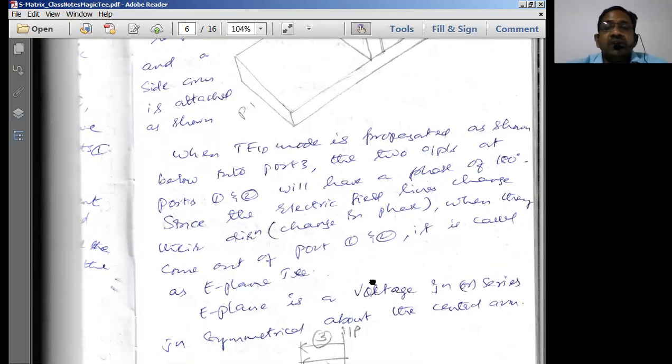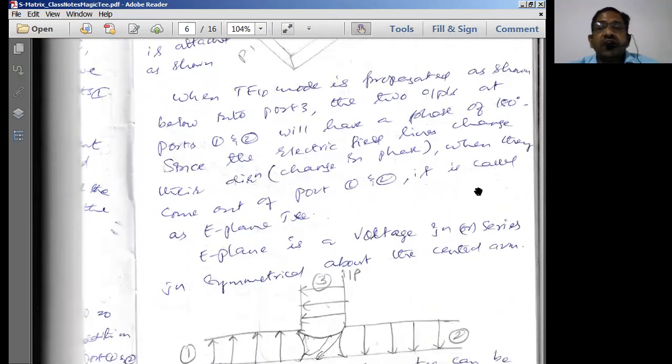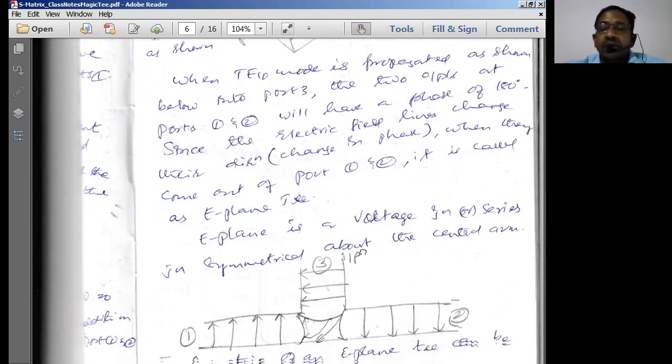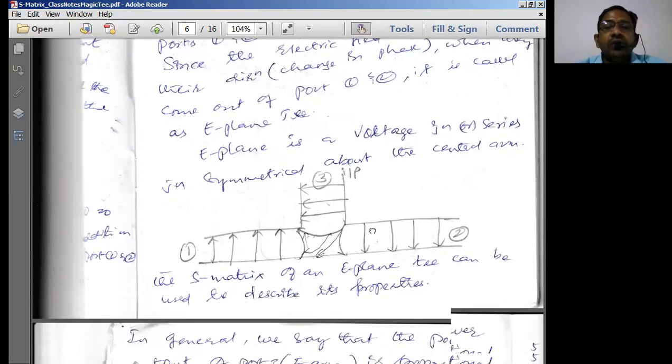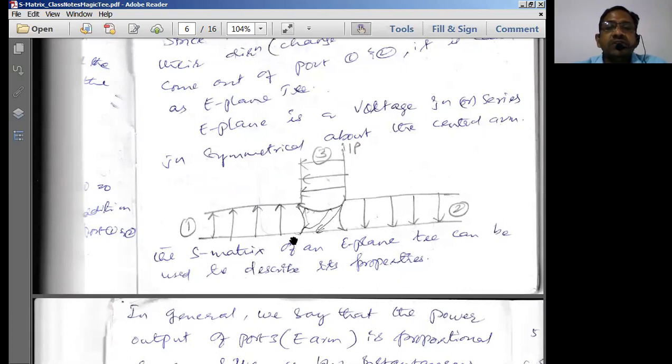Since the electric field lines change their direction when they come out of port 1 and port 2, it is called the E-plane T. So since it is changing the electric field, it is called the E-plane T. In the previous case, it was changing the magnetic field direction, that is the current directions, so it is called an H-plane T.